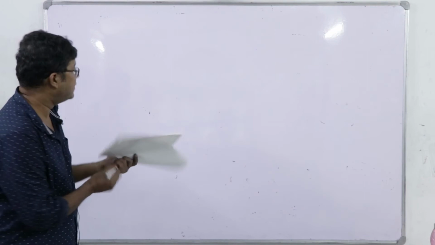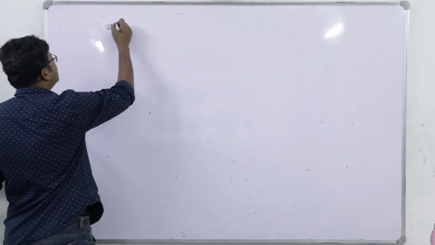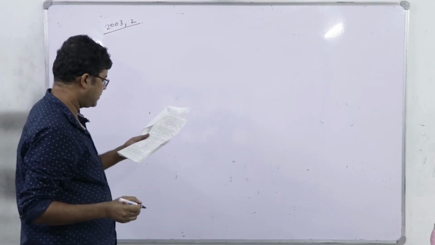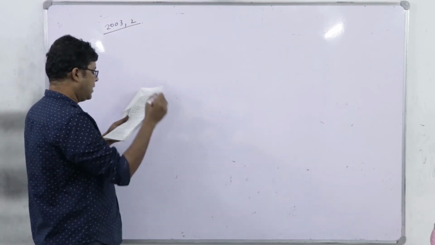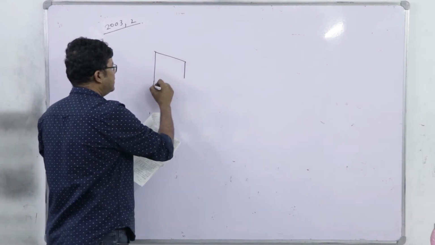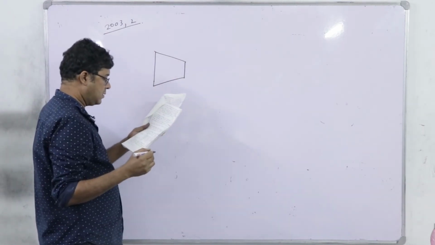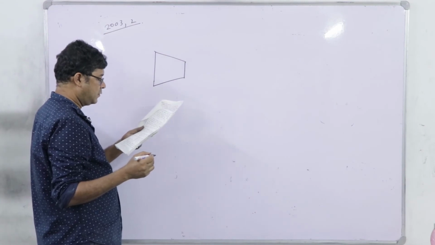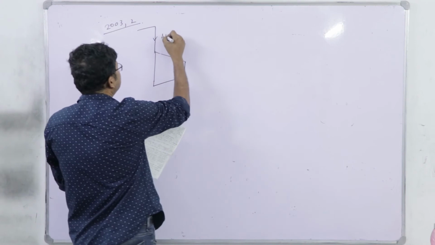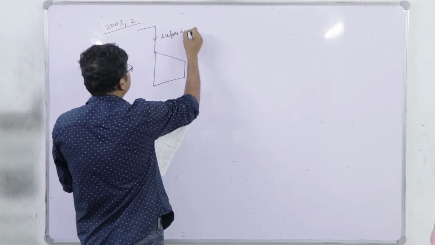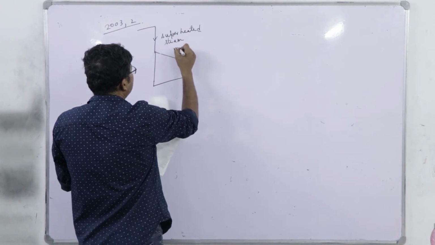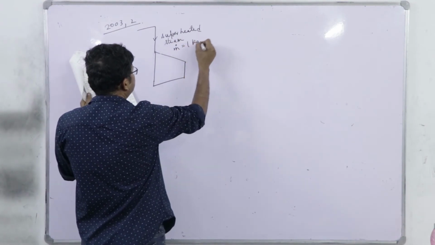This is a GATE 2003 2 marks problem. A steam turbine operates with superheated steam. Here we charge superheated steam and mass flow rate is 1 kg per second.